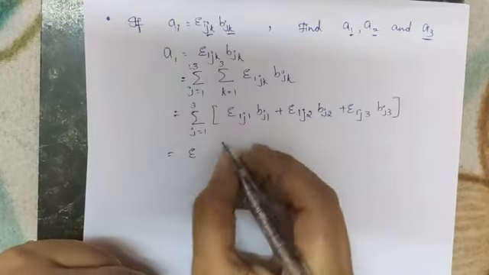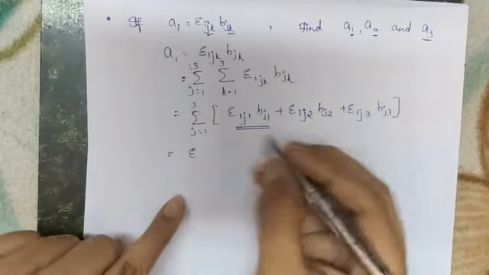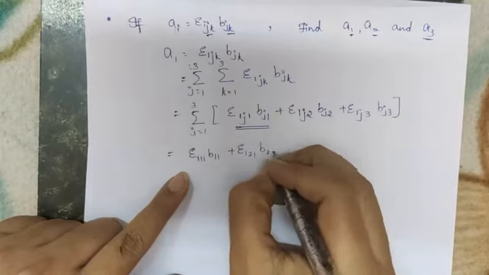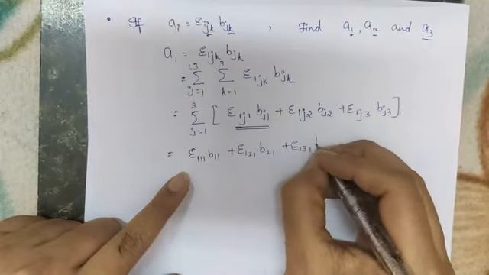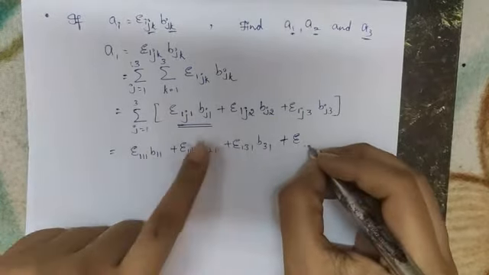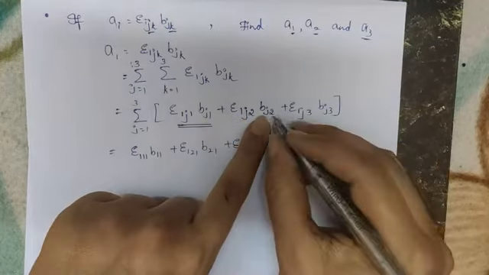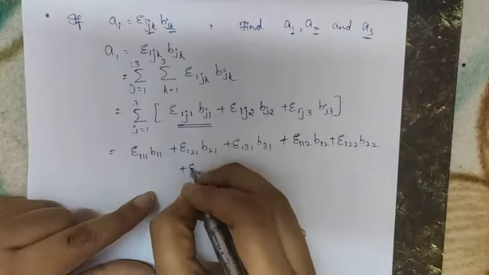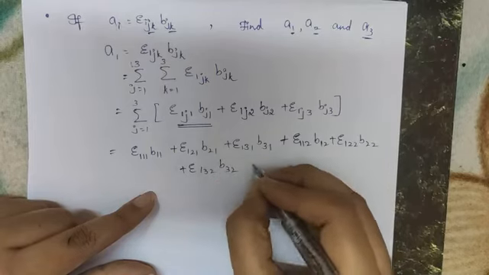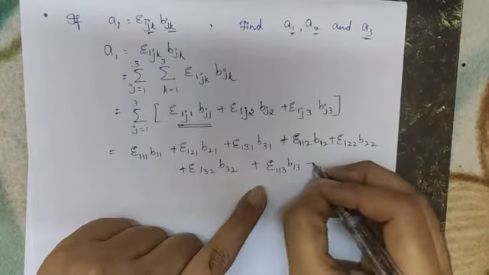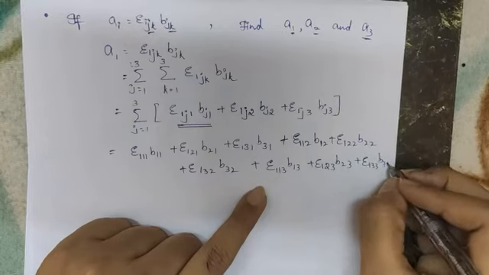So for the first term, if I expand over j, epsilon 111 b11 plus epsilon 121 b21 plus epsilon 131 b31. Similarly, the second term will be epsilon 112 b12 plus epsilon 122 b22 plus epsilon 132 b32. Similarly, epsilon 113 b13 plus epsilon 123 b23 plus epsilon 133 b33.